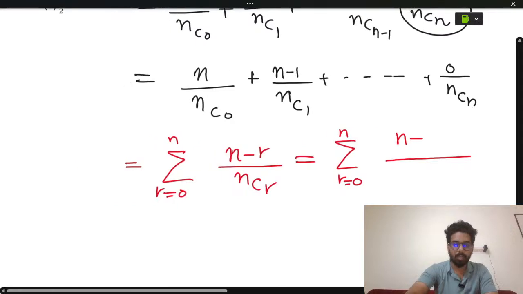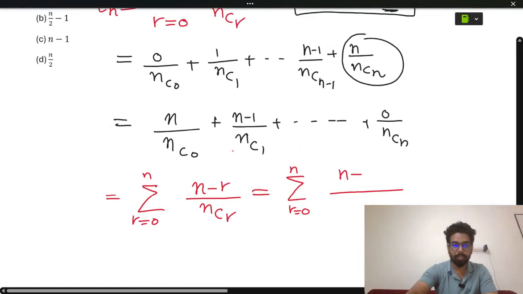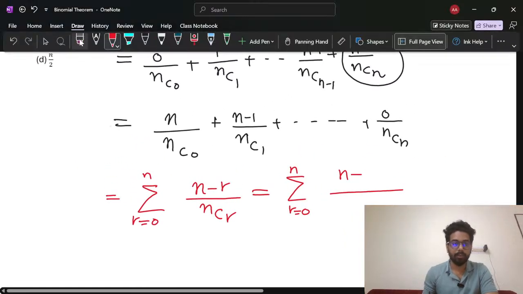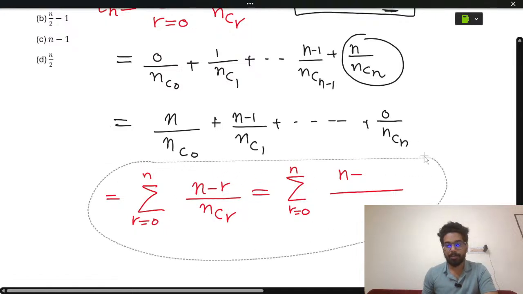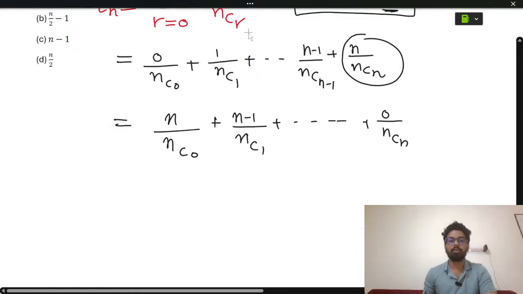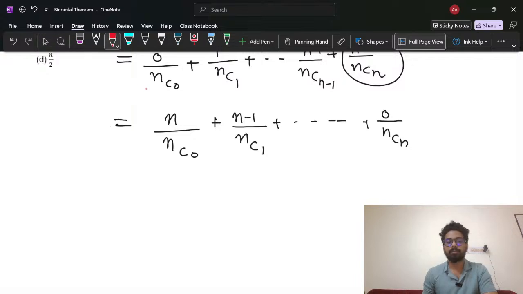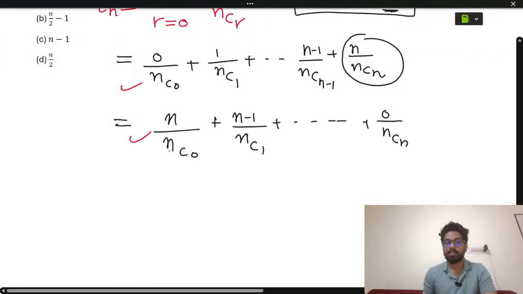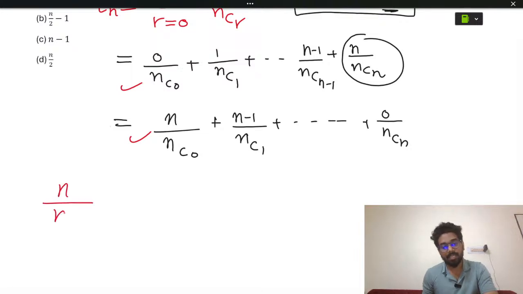Okay, let's do one more thing. Then we can use this step. Now let's add both the terms: add this and add this. The denominator is the same, so n plus 0 gives n upon nC0. N minus 1 plus 1 is n. I will tell you what I was thinking.